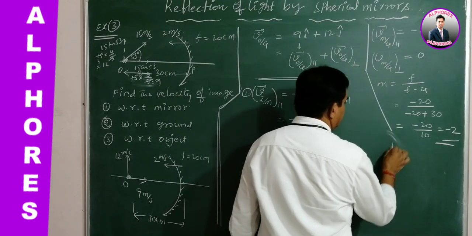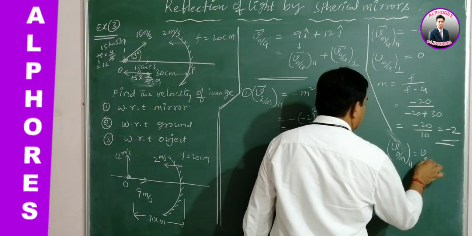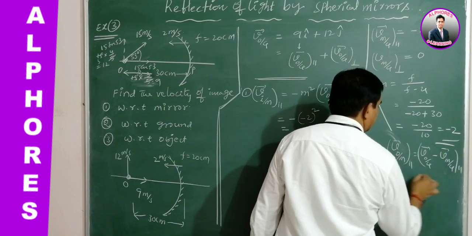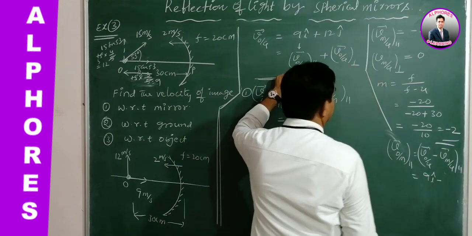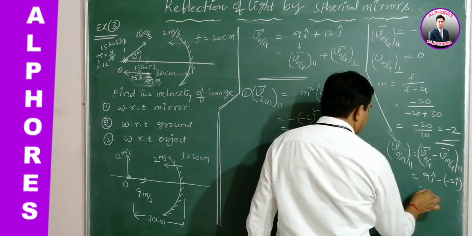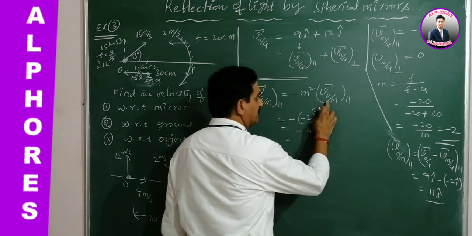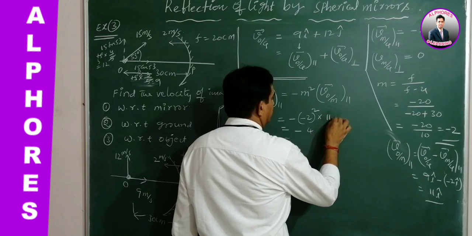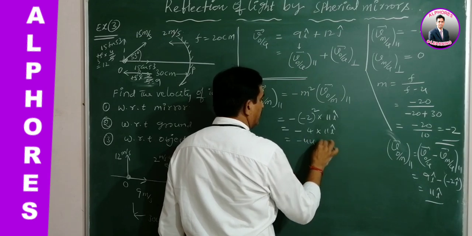Object with respect to mirror, parallel component, is equal to object velocity with ground minus mirror velocity with ground. Object with ground is 9i minus mirror with ground, minus 2i, which is plus 11i. So object with respect to mirror is developed, and substituting this value, 11i, gives minus 44i.